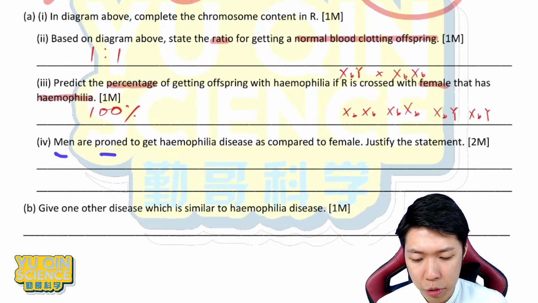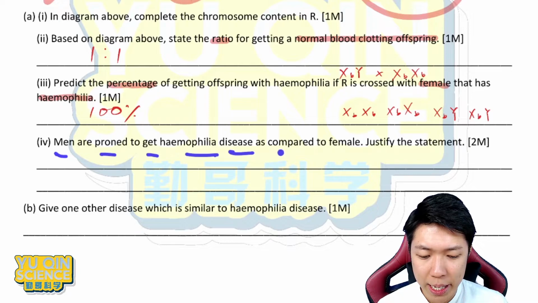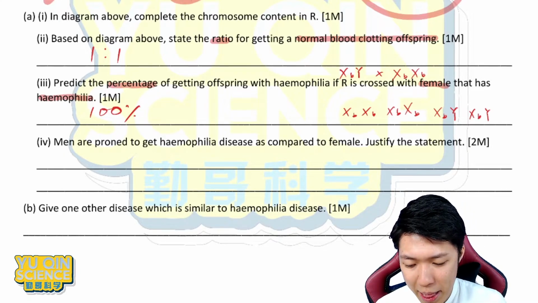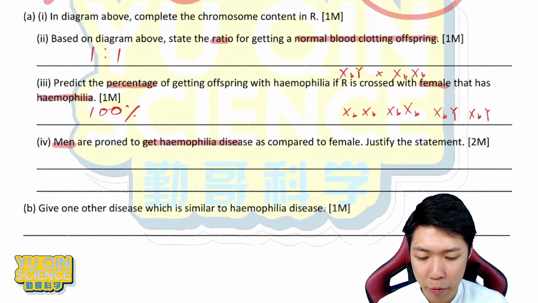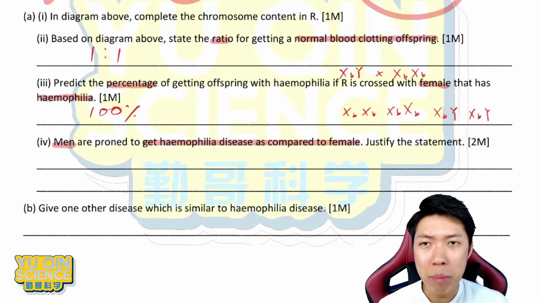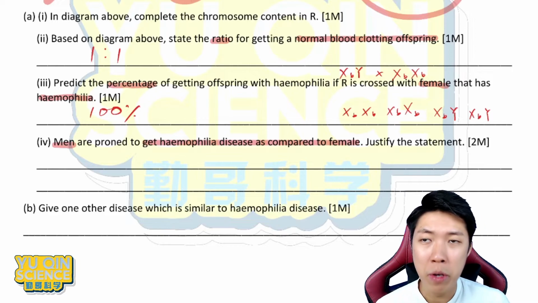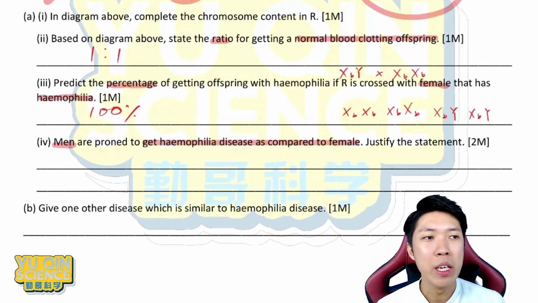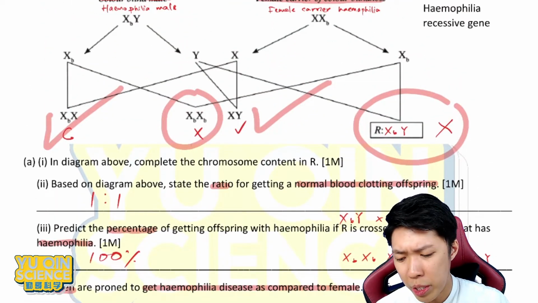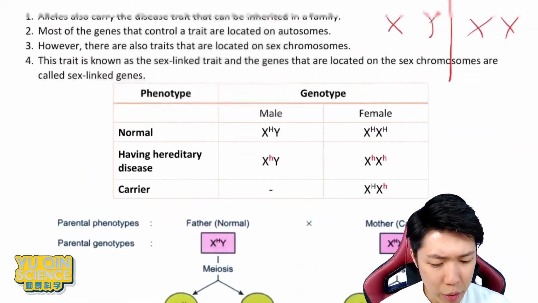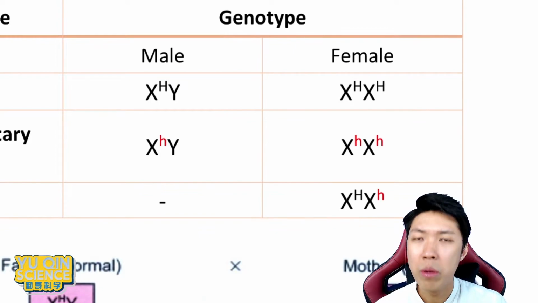Men are prone to get hemophilia disease as compared to female. That means men usually get sex-linked diseases like hemophilia and colorblindness, with more chances than female. Justify. Okay, so remember the percentage or probability that we had just now. Why do males have more chance?